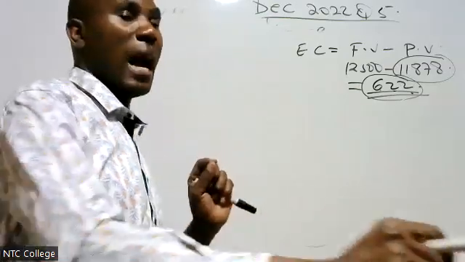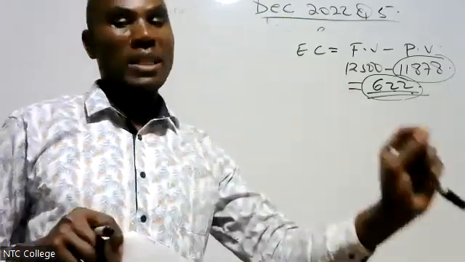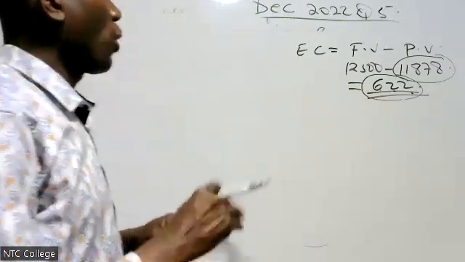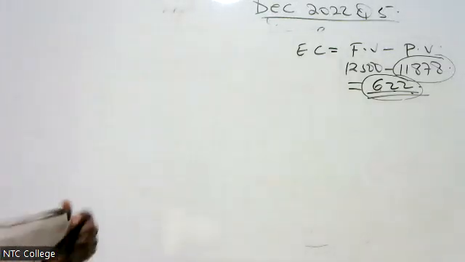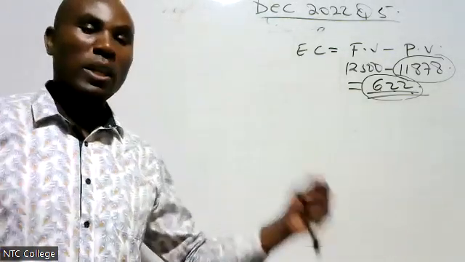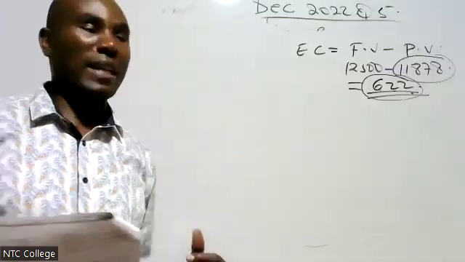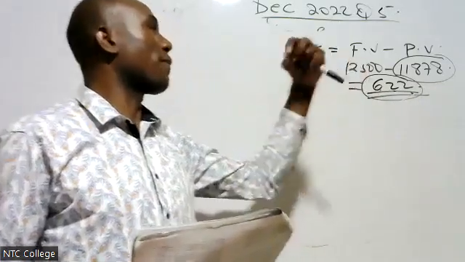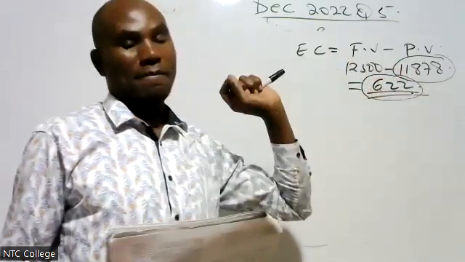It has the liability and it has what? The equity component. And according to IFRS 9, you are required to separate the 2 so that you account for them separately. Like this one, I have now separated the equity component from the liability.